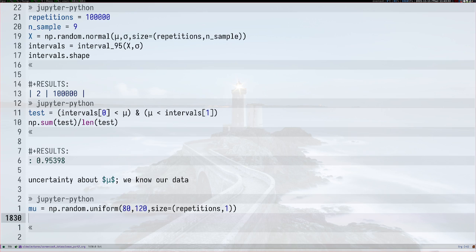This is just generating our mu. We're not generating samples here, so that's why we do not have n samples. But for our experiment, we need to generate 100,000 different values of mu, because there's uncertainty about mu, so in our simulations, the way we capture that is generating a number of mu's. Then we're going to have our data.